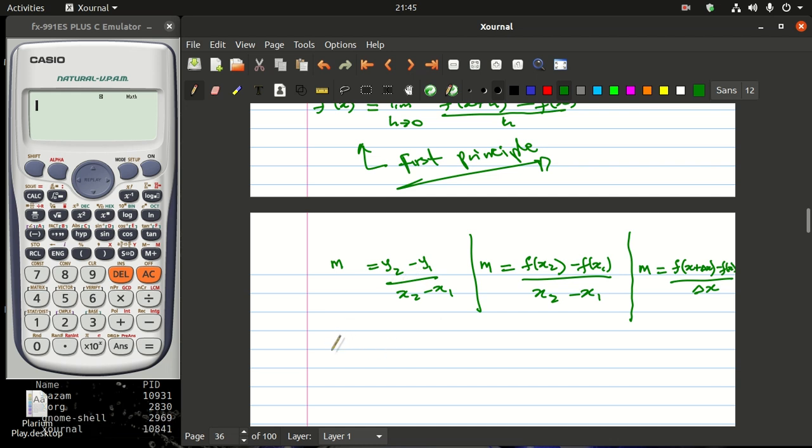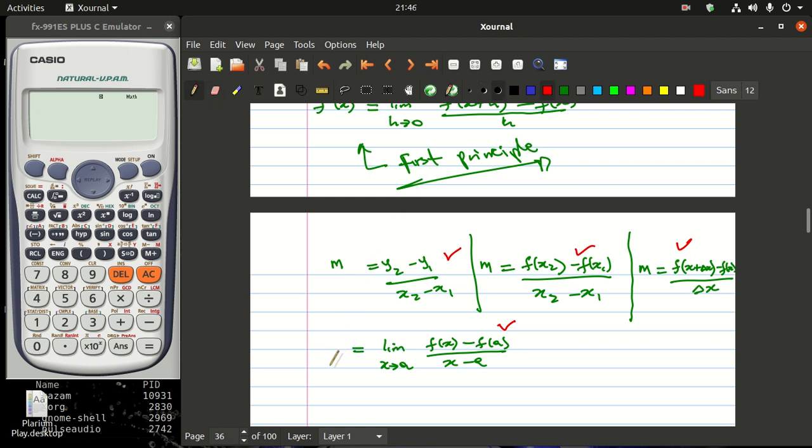Now, when we were finding the slope of the tangent line, we said that we can find the slope of the tangent line at any point A by saying that we want the limit as x approaches A of f of x minus f of A all over x minus A. We also talked about this, and some of the students did not really like this, they were jumping to the first principle.